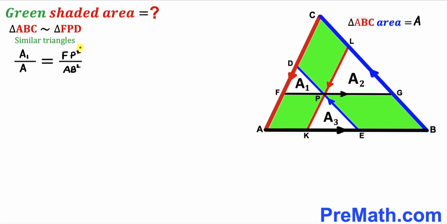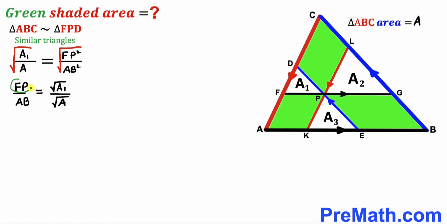And now I'm going to undo these squares by taking the square root on both sides. So therefore we can write FP divided by AB is going to be equal to the square root of A sub 1 divided by the square root of A. And now let's make an observation.